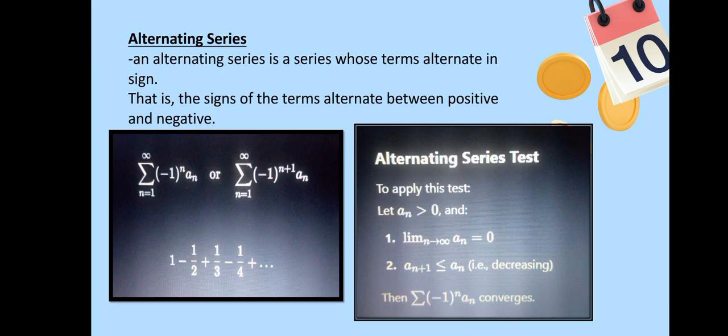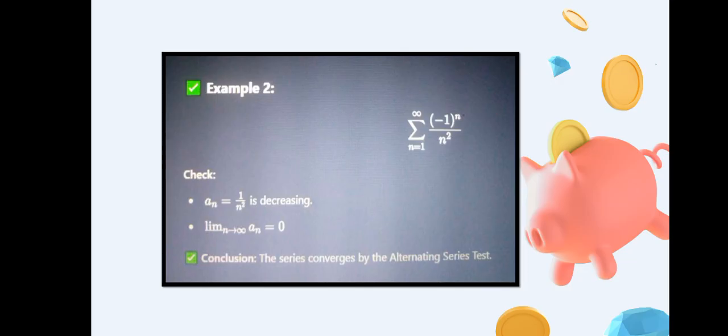Let's have our example. Example number 2: the summation of n equals 1 to infinity of negative 1 raised to n over n squared. To check if we can apply the alternating series test, we have a sub n equals 1 over n squared, so it is decreasing.